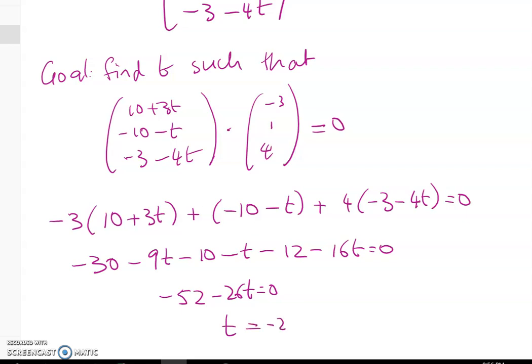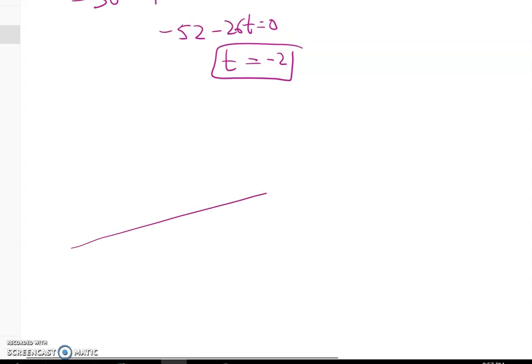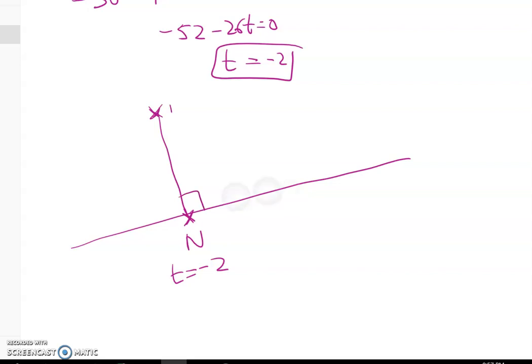So that gives me t equals negative 2. So how does that help? Well, now if I look at my line, I know that this point N is the point where t equals negative 2. And when t equals negative 2, this is perpendicular.